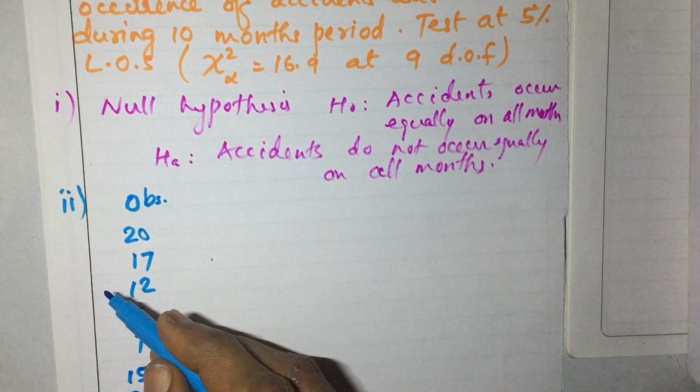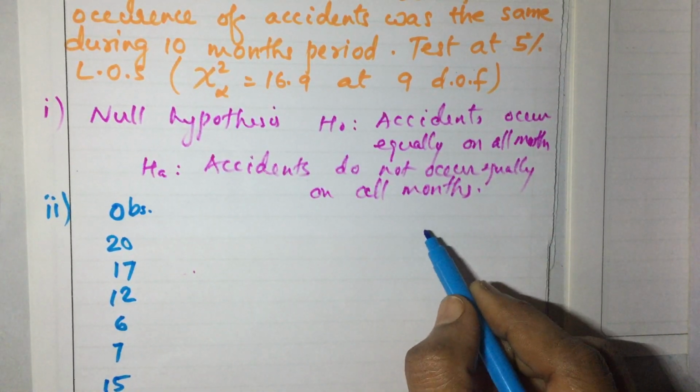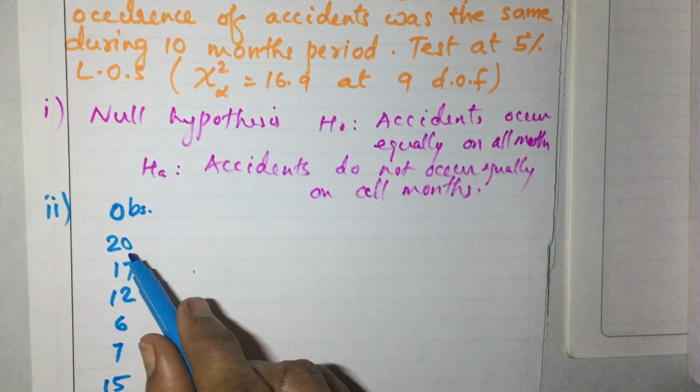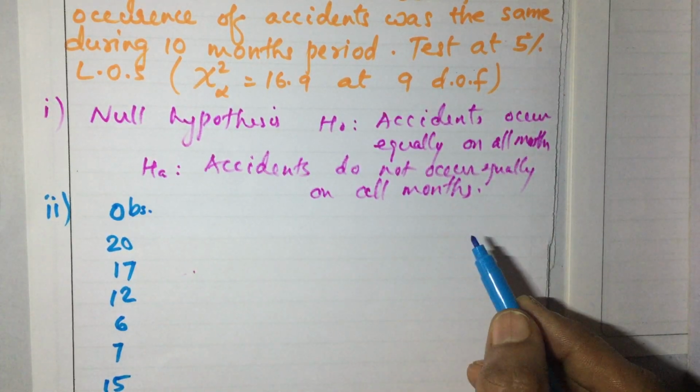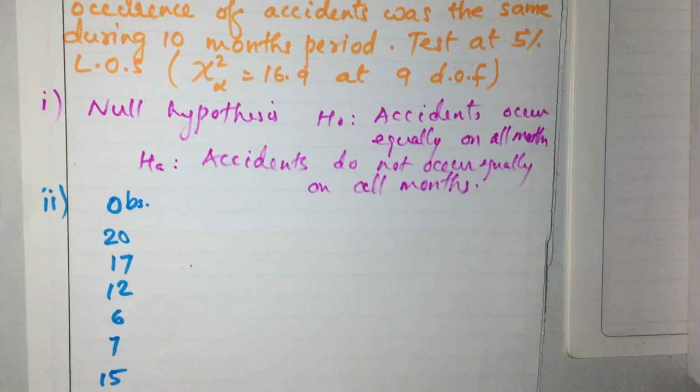Instead of doing it like this, you can do it in a single line, writing chi-square directly as 20 minus whatever E comes. In a line you can write instead of doing this column.